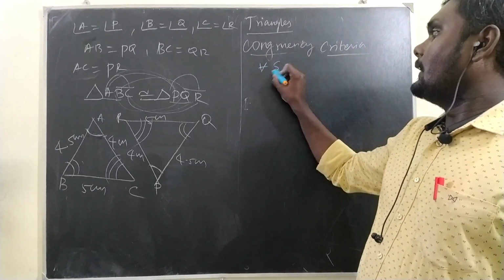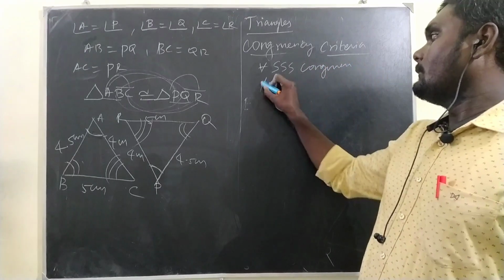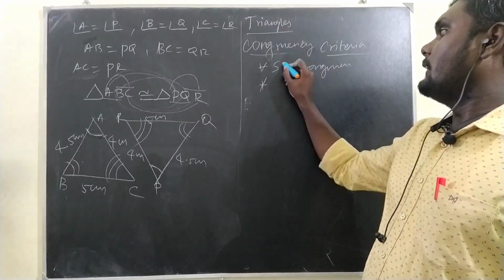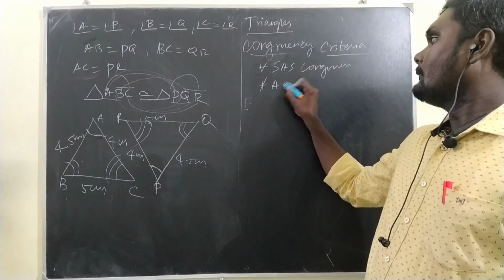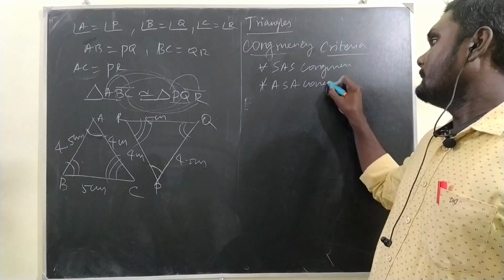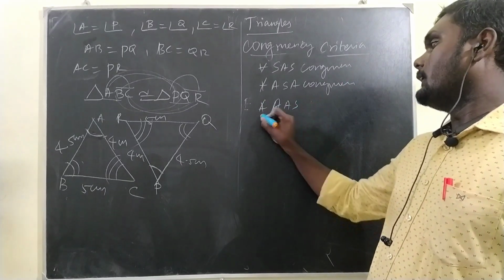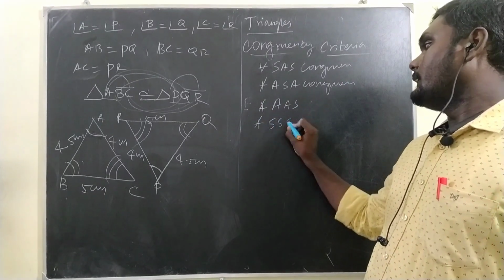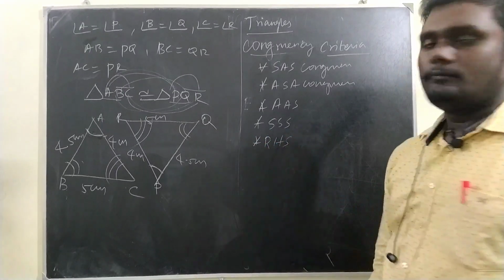That is called SSS congruency. And then, sorry, first one is SAS, right? SAS congruency, then ASA congruency, then AAS congruency, after that SSS congruency, and after that RHS congruency.